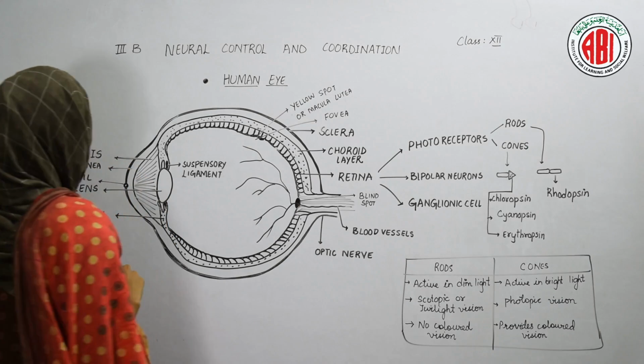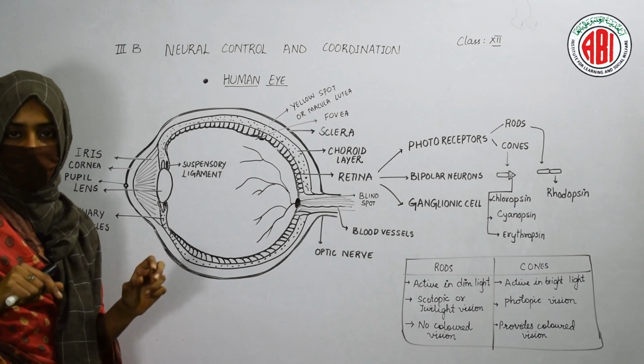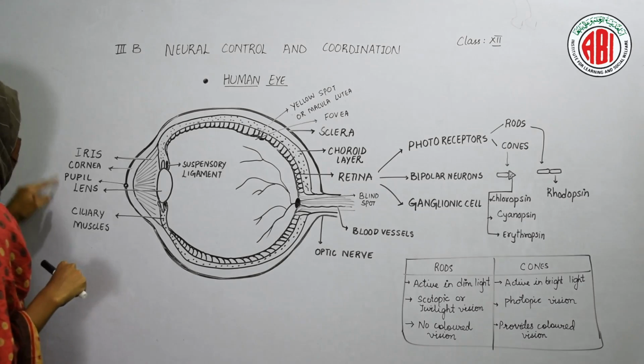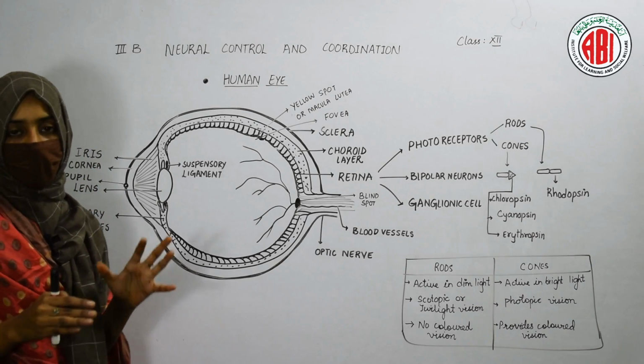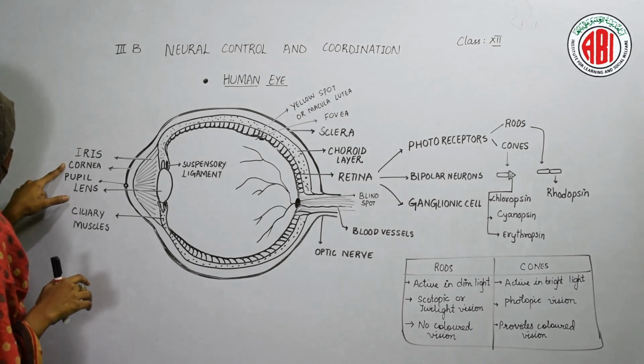The iris shows one hole in its center through which the light enters the eye, and that hole is called the pupil. Over the iris and pupil, a transparent covering can be seen, and that covering is termed the cornea.